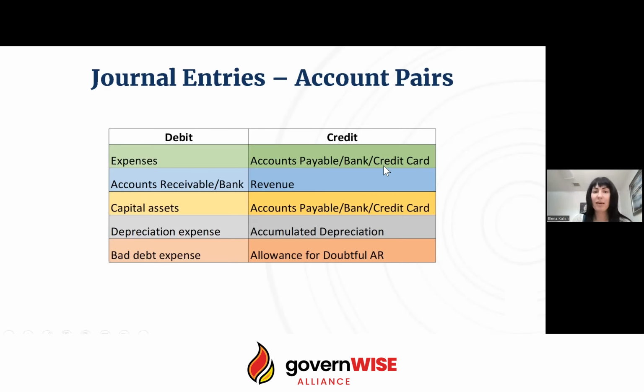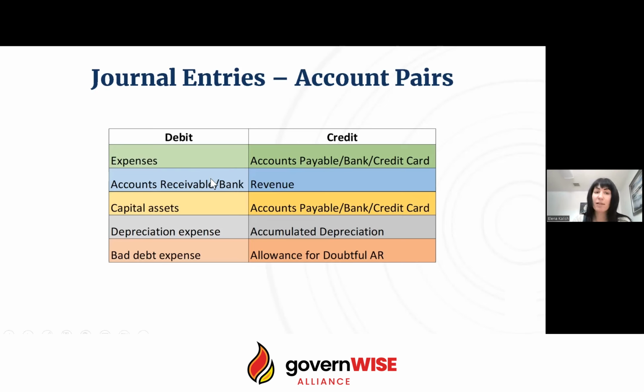Did I pay it through the bank? Did I use a credit card? Or maybe I haven't paid it yet. I just recorded the bill for my hydro, and then the increase in liabilities is accounts payable, right? Because that's an amount that's still payable to hydro and going to be paid in the future, okay?